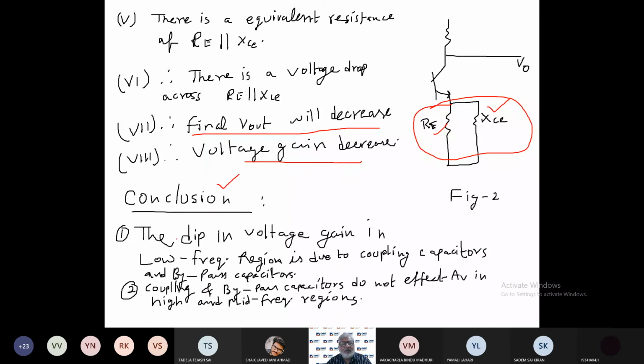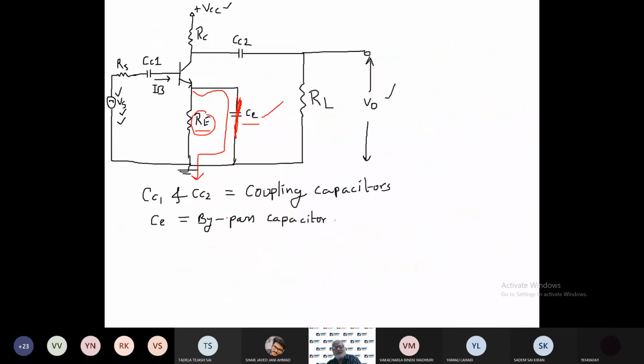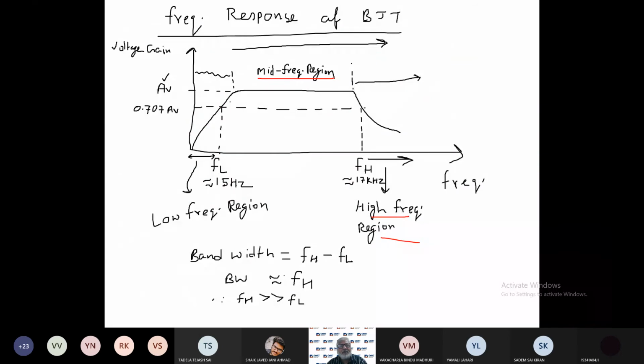So what is the conclusion here? The dip in voltage gain in low frequency region is due to the coupling capacitors and bypass capacitors. You see in this figure, in the low frequency region, there is a decrement in the voltage gain.